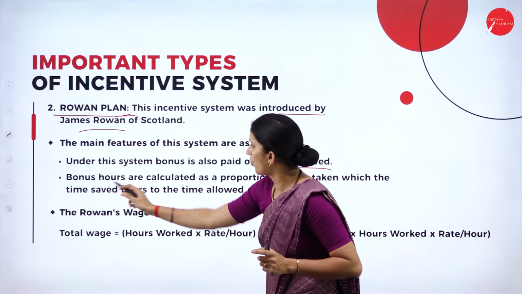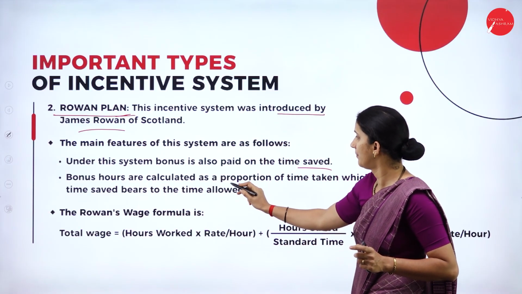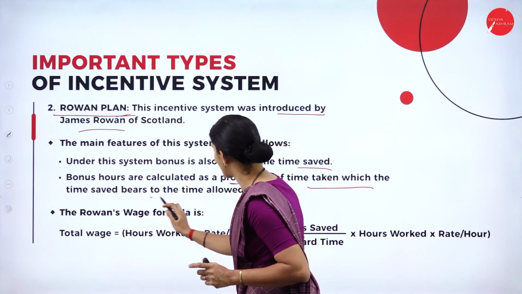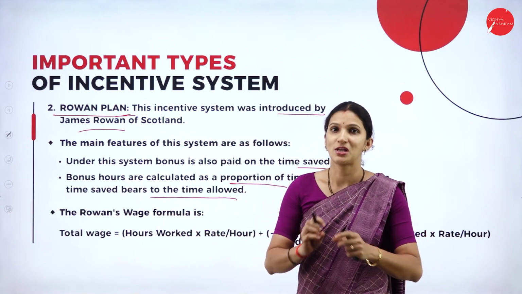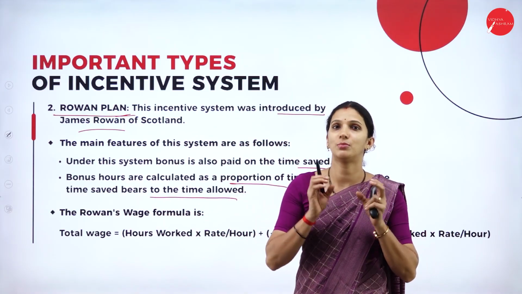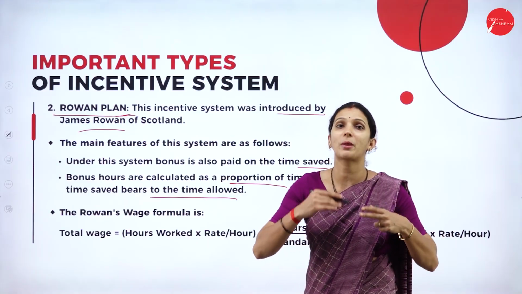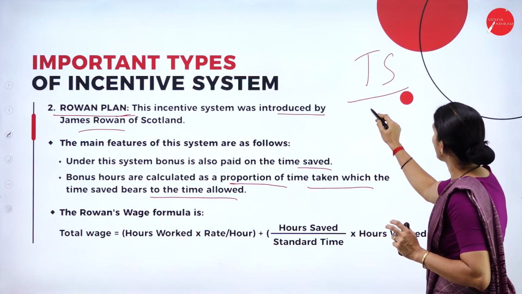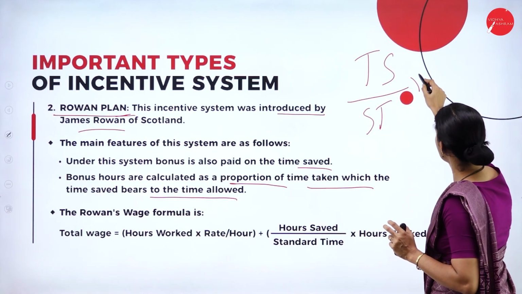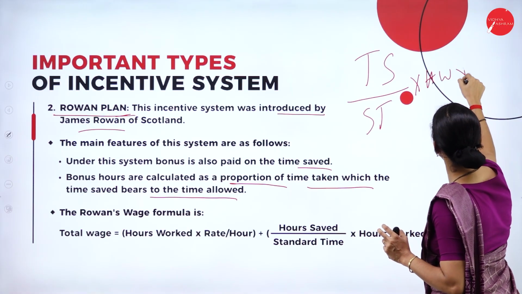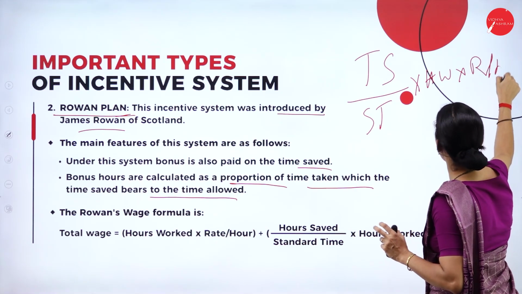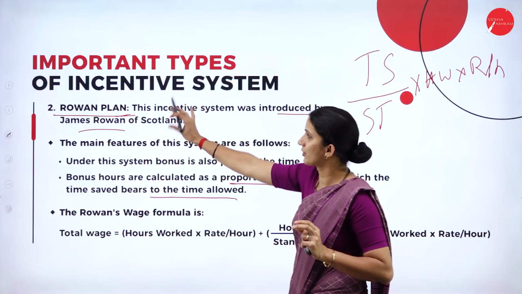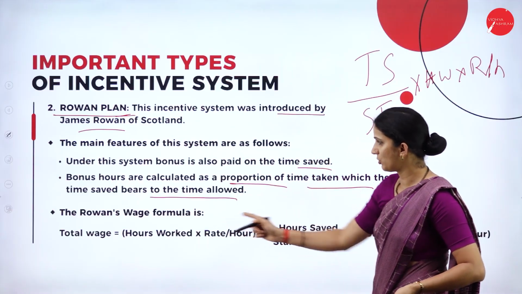Here, bonus hours are calculated as a proportion of time taken, which is the time saved based on the time allowed. So the simple thing is, the bonus is calculated based on the proportion of time saved over your standard time, into hours worked into rate per hour. This is how we calculate the bonus under Rowan's plan. So see the formula here.